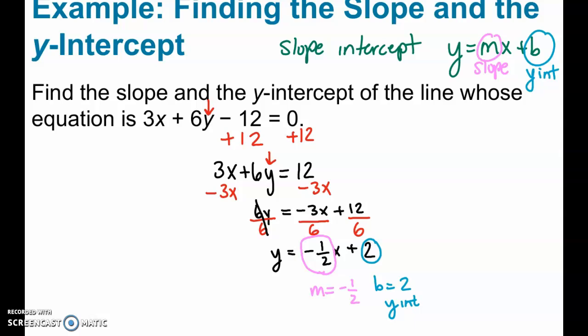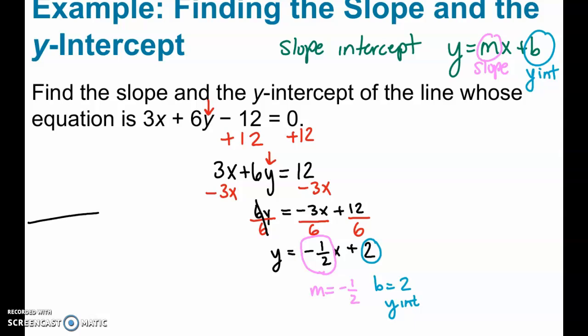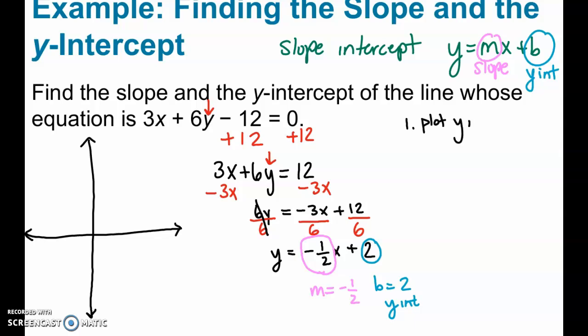So if I was asked to graph this equation that was given to me, then I can do that by using the techniques I learned in video 2, which said to first plot the y-intercept. And so the y-intercept is 2.